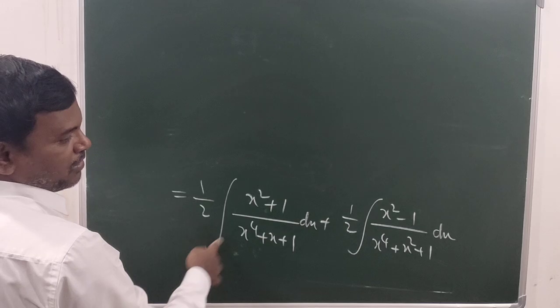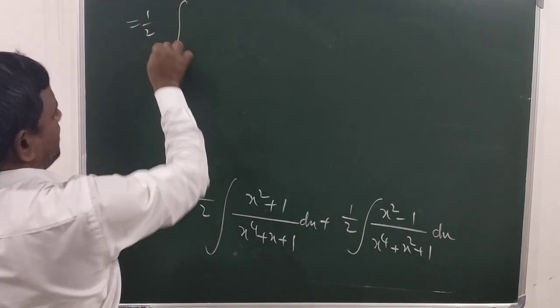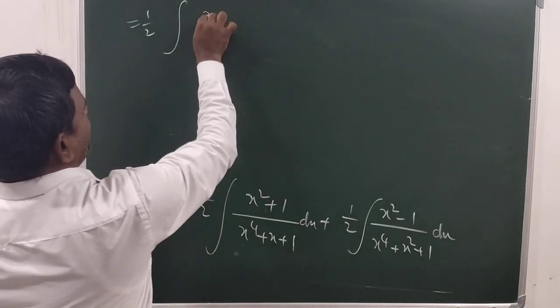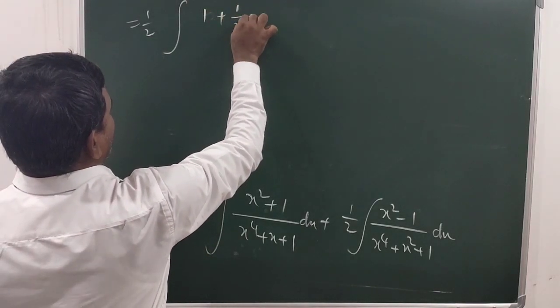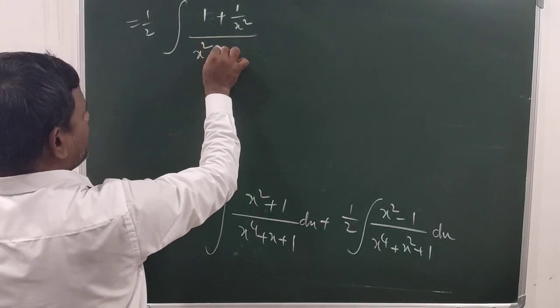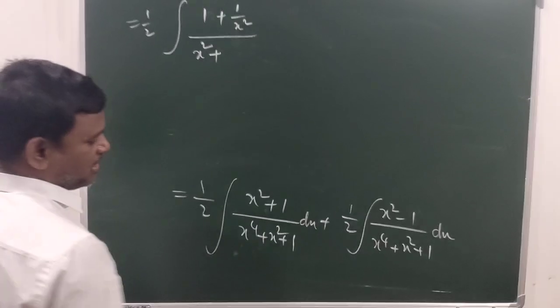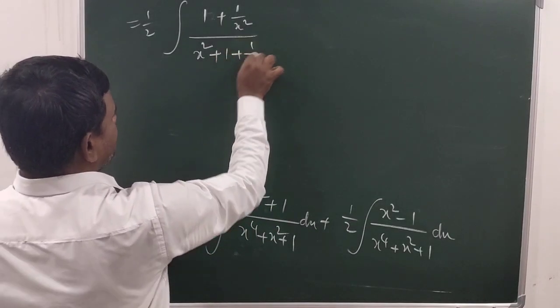So take x square common from the numerator and denominator, take common and cancel. What will be left in the numerator? 1 plus 1 by x square. Sorry, here in the denominator it should be x square plus 1 plus 1 by x square.